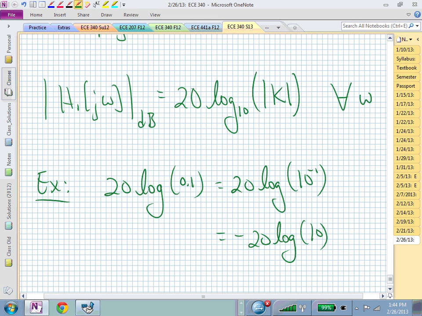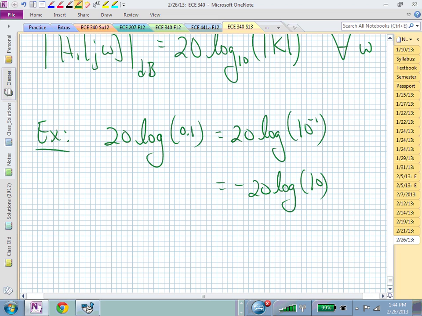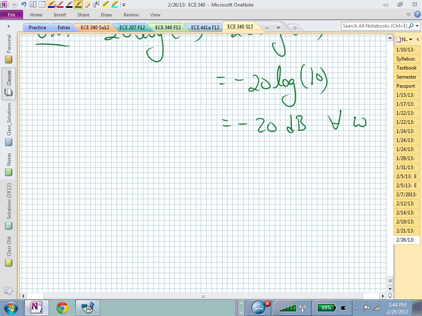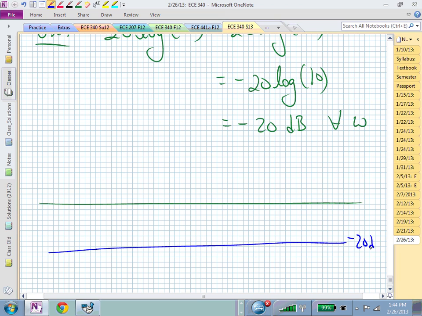Log of 10 was 1, so the log of 0.1 is minus 20 dB for all frequencies. And if you had to sketch that, this is omega, and this is the magnitude of h sub 1 in dB. You're now down below, if this is now your 0 dB line.